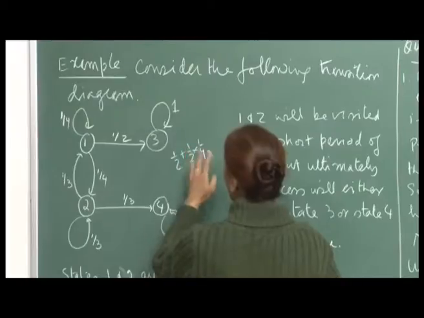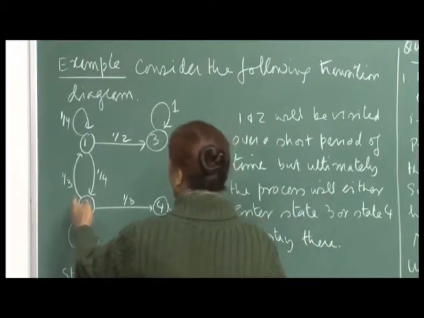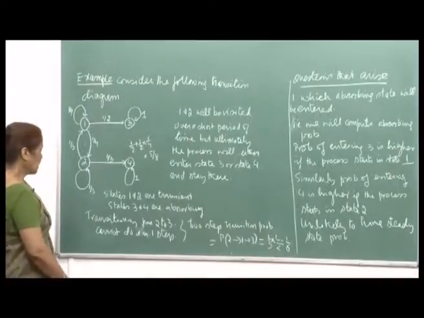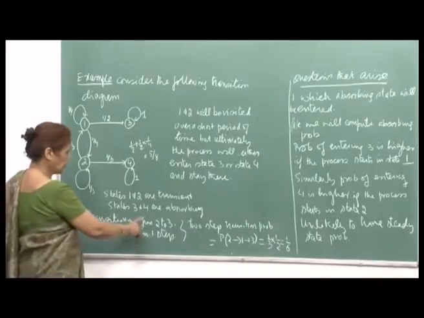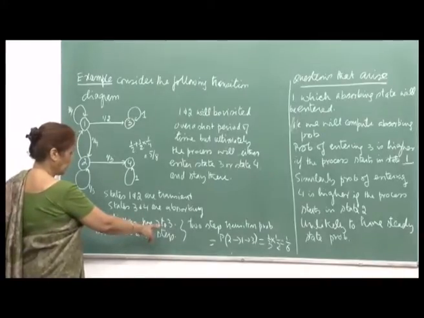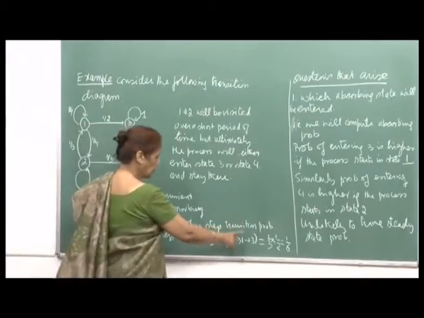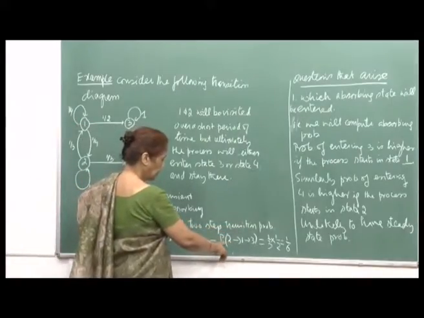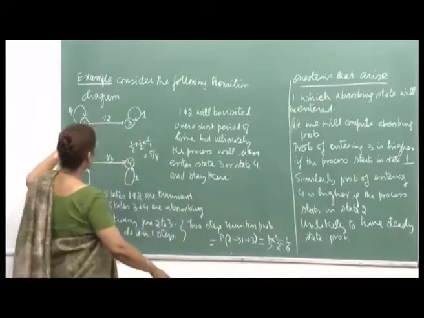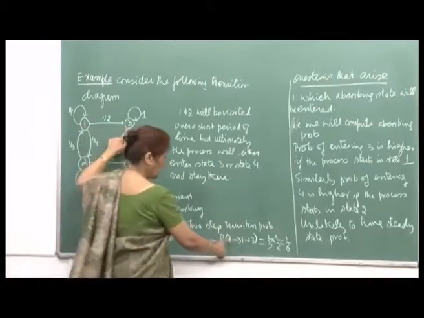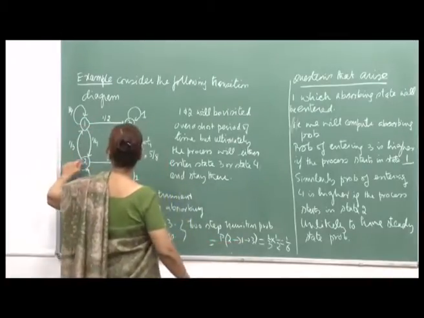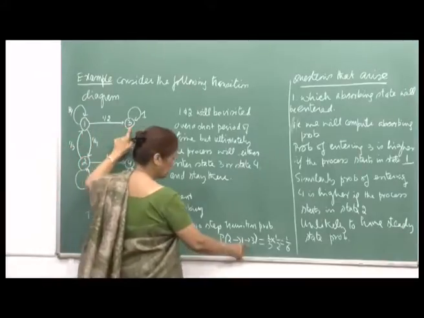So, half plus half into 1 by 4. But if you are in 2, transitioning from 2 to 3 cannot be done in one step. The 2 step transition probability will be: the path goes from 2 to 1 and then 1 to 3, so 2 to 1 is 1 by 3 and 1 to 3 is half.